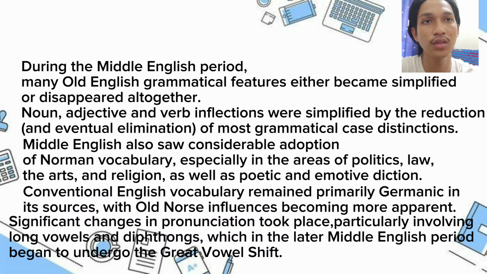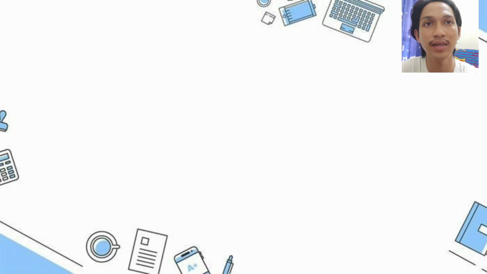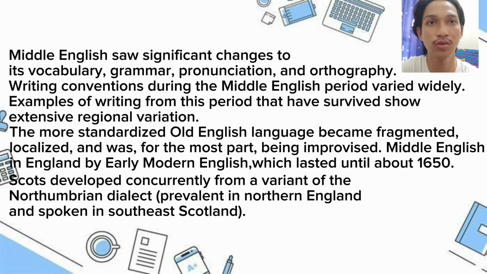Significant change in pronunciation took place, particularly involving long vowels and diphthongs, which in the later Middle English period began to undergo the great vowel shift. Middle English saw significant change to its vocabulary, grammar, pronunciation, and orthography.